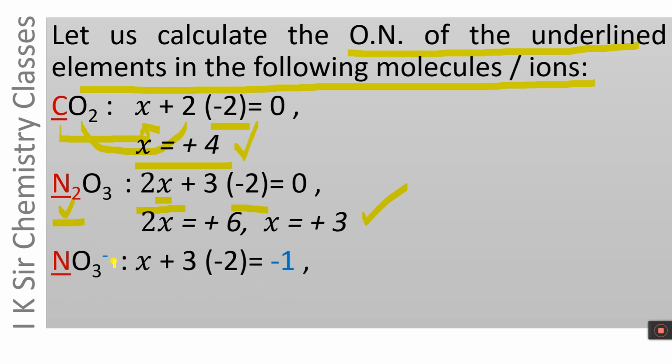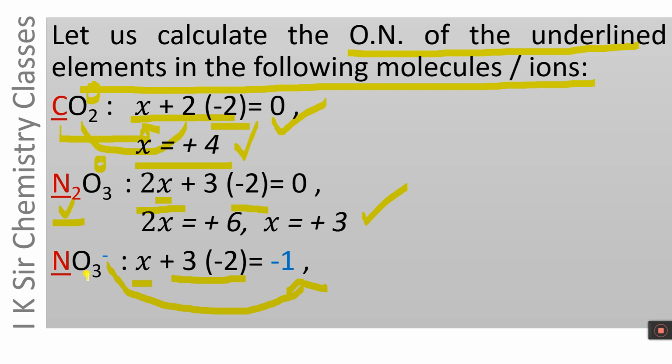NO3 minus, oxidation number of nitrogen x, oxidation number of 3 oxygen atoms, 3 into -2, and it will be equal to charge -1. In the above two cases, the sum of oxidation numbers of all the atoms is equal to 0 because there are no charge on these molecules.